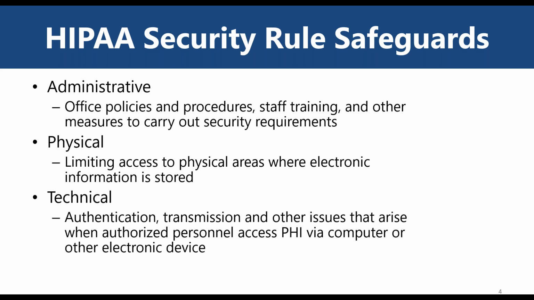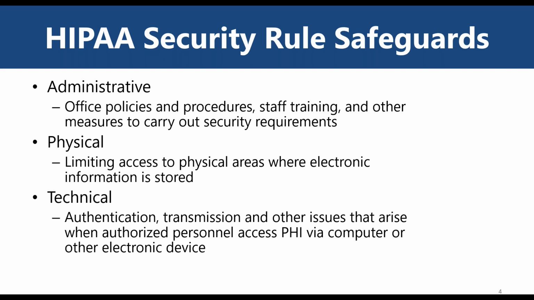The administrative safeguards within the security rule are basically your policies and procedures. This is what you're doing from a policy and procedure standpoint to make sure that you have the appropriate safeguards in place. This also includes your staff training and anything else that you have to carry out these security requirements.